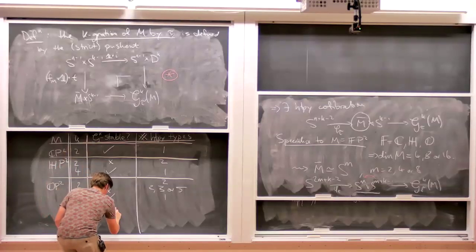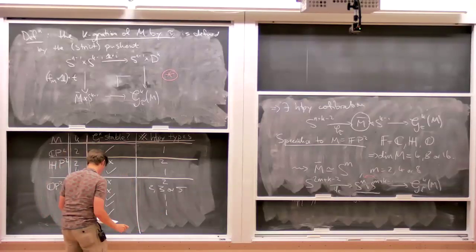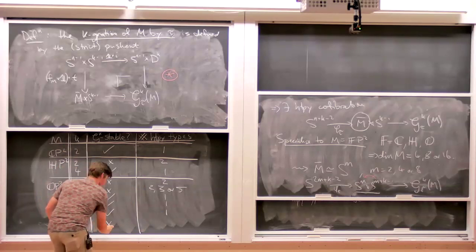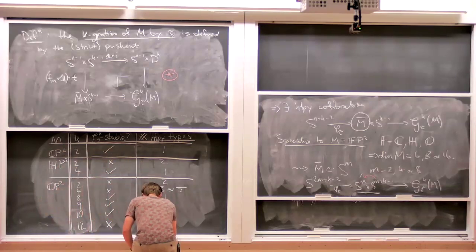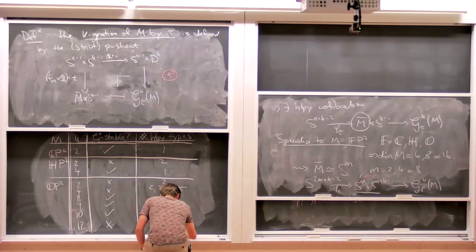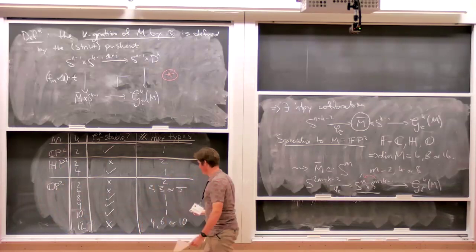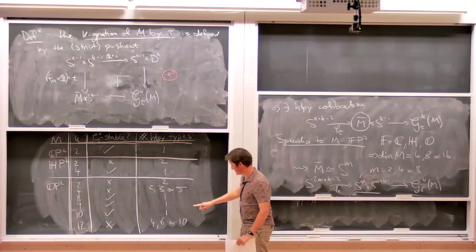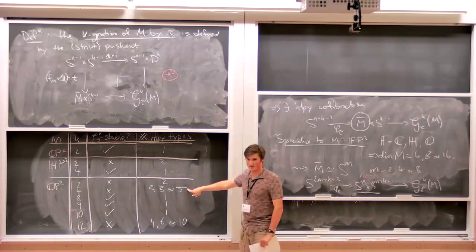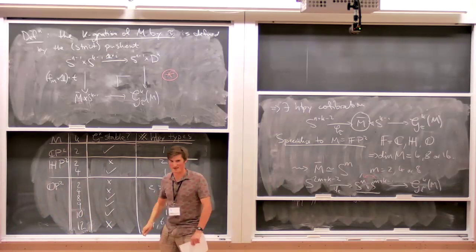For 9 and 10, it's 1 on both counts. And here, I have 4, 6, or 10. Now, I'm sure Tony's already noticed, but these numbers are twice these numbers. I'm going to leave that hanging. That's it.